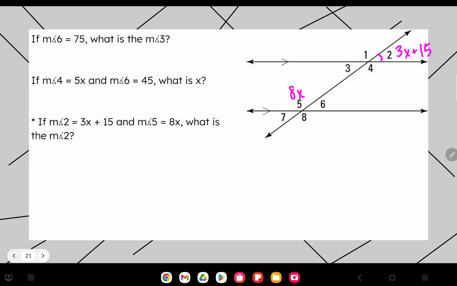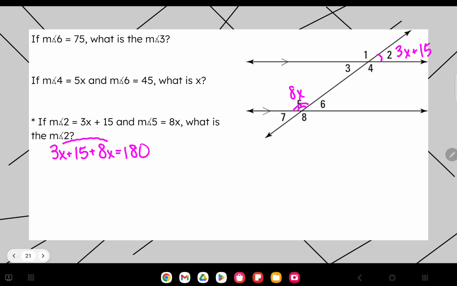Well, if we look at angle 2 and angle 5, angle 2 is acute, angle 5 is obtuse, so they are supplementary. So that means we add them together. 3x plus 15 plus 8x equals 180.